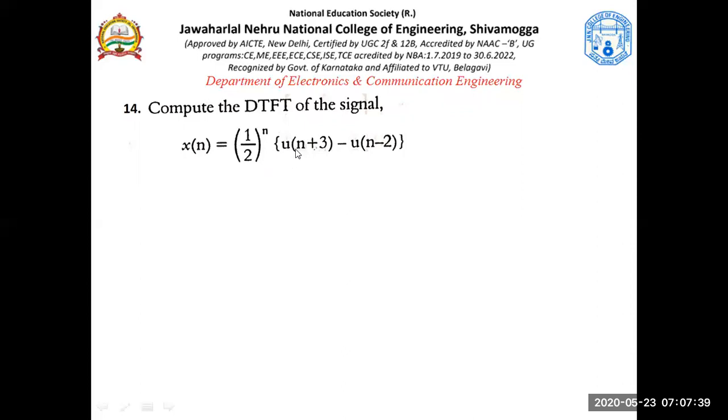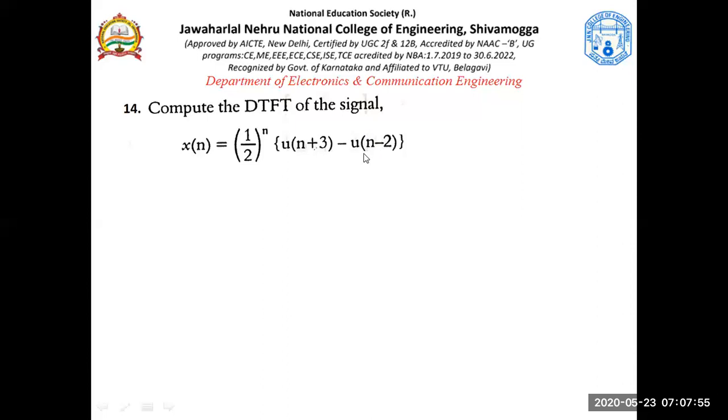Shifting to the left by 3 units means it now starts at minus 3 and goes till infinity. This u of n minus 2 is shifting u of n to the right by 2 units, so its range is from 2 to infinity.